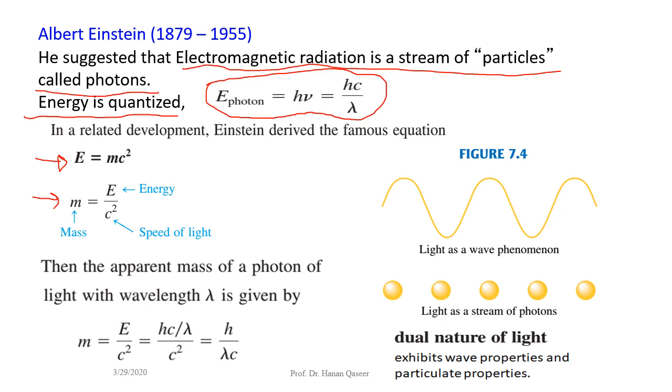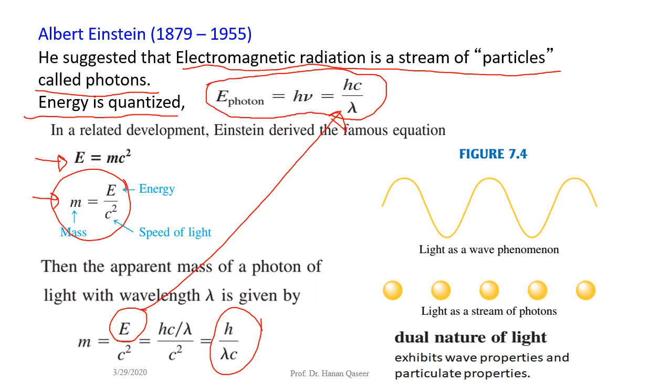Then the apparent mass of a photon of light with wavelength lambda is given by mass equals energy over c squared. Then substitute E with hc over lambda, we get mass equals h over lambda times c.